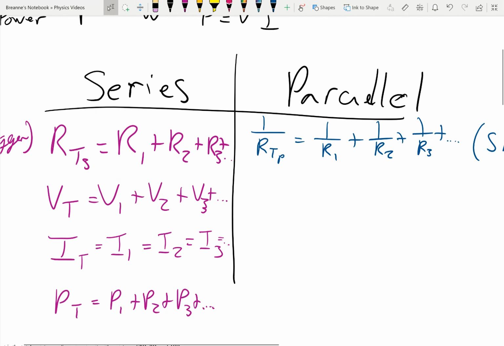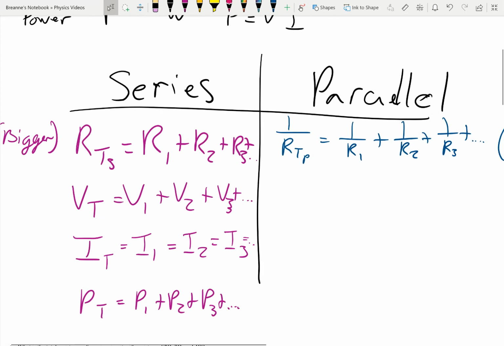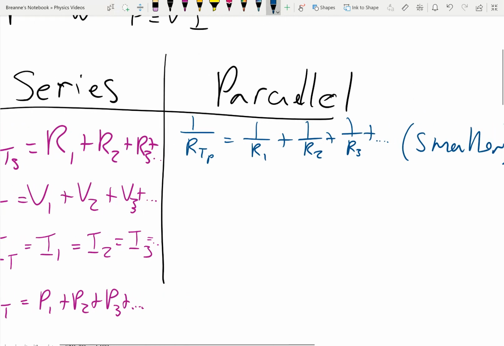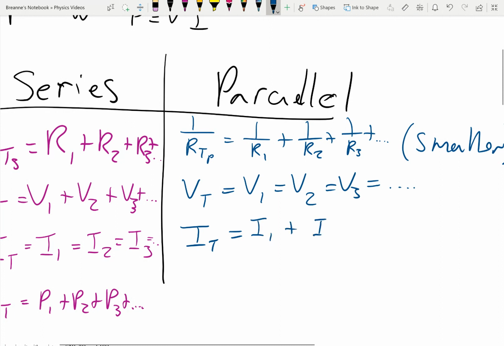If your total resistance for a parallel is smaller than your other resistors, you're good. If your total resistance is bigger for a series, you're good. For voltage, it's just the same. Your current, you add up. So these are just flipped. Your power just stays the same. You just add up.